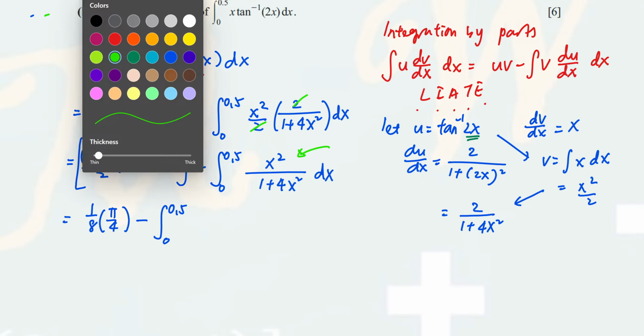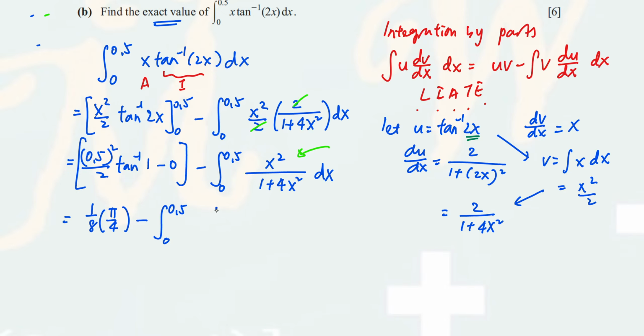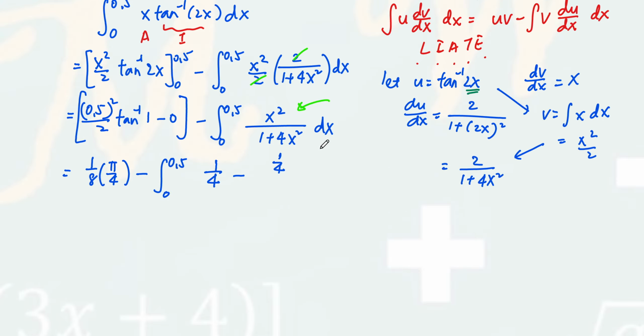So I will get 1 over 4 minus, the remainder is minus 1 over 4, so when I write it, it will be negative 1 over 4 over 1 plus 4x squared. And now from here, the first term, when you multiply, that is pi over 32.